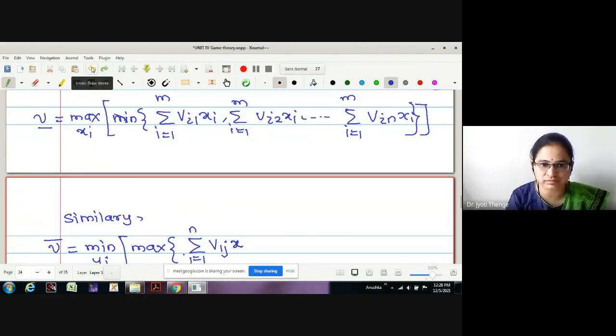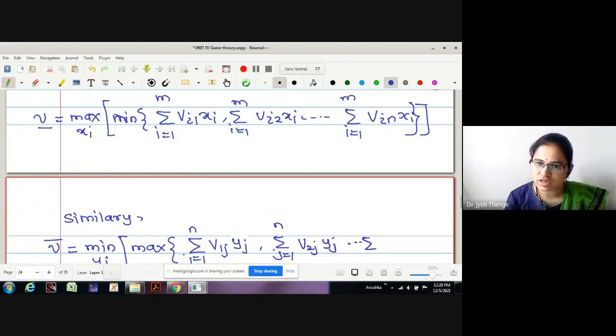Summation j equals 1 to n, v1j yj, summation j equals 1 to n, v2j yj and so on, summation j equals 1 to n, vmj yj.